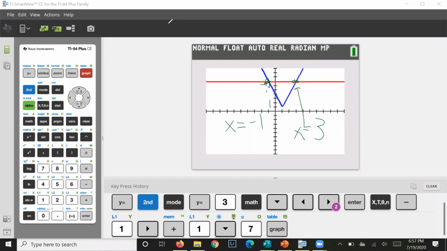So it actually looks like we get some interval answers here, right? To say everything less than -1, we could say negative infinity, comma, -1, parenthesis, again because -1 is not included. That's where it's equal to 7. We'd also have parenthesis 3, comma, infinity, and again parenthesis on the 3 because it's not included, because that's where it equals 7. If we take the union of those two things, then that would be our answer, right?